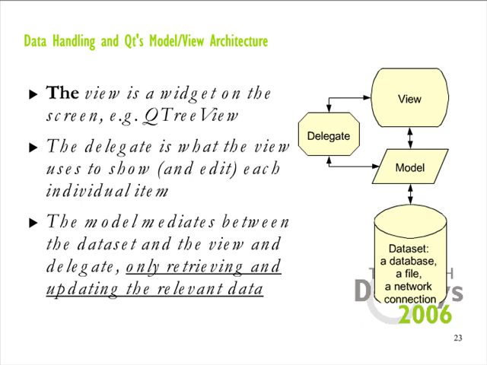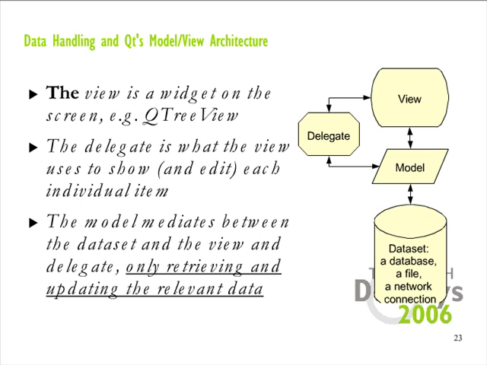Model view architecture is something new and that was introduced with Qt4. For those of you who are not familiar, this is an idea that comes from the world of Smalltalk. And basically, it's about separating your data from the presentation and editing of that data. And some of the strengths of this are as follows.